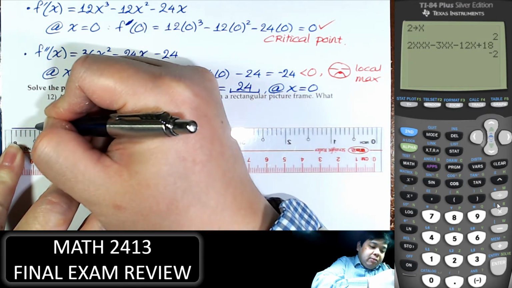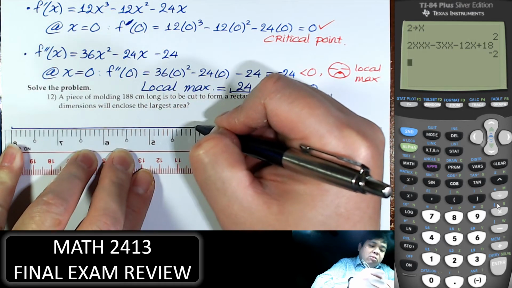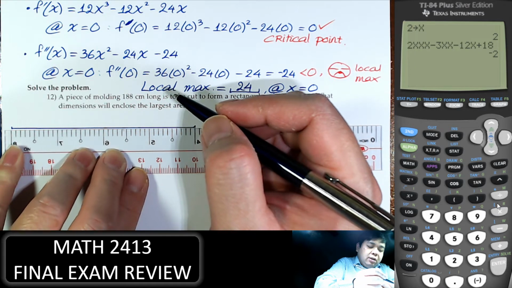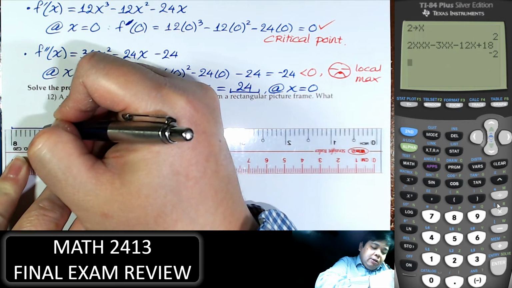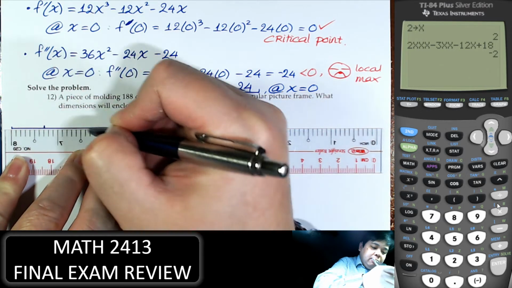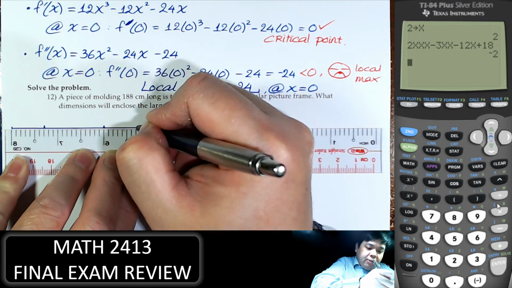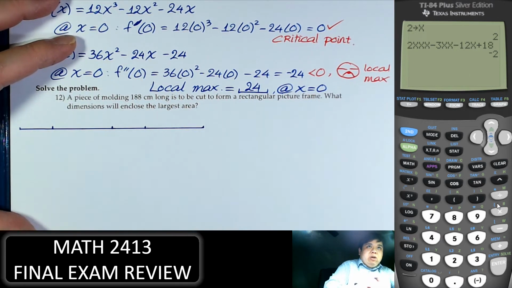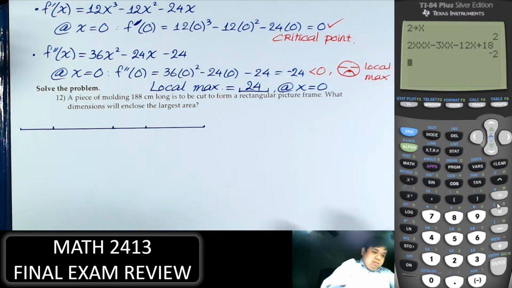Say it will be cut into 4 equal pieces. Not 4 equal pieces, sorry. It's just going to be cut. So I have a piece of molding 188 centimeters long, cut to form a rectangle.